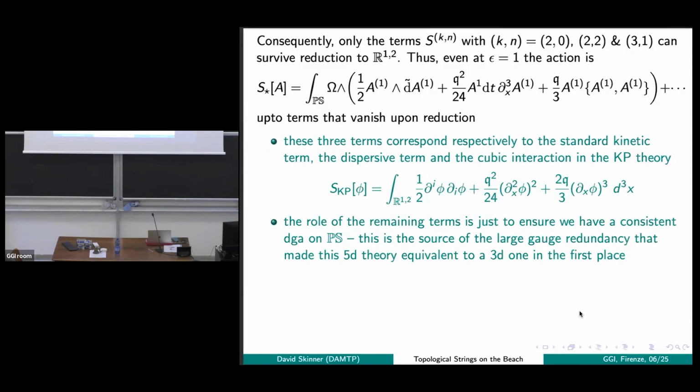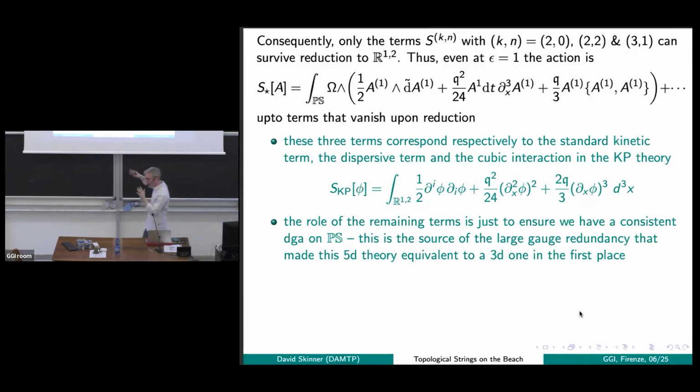This has 1 derivative, and it ends up giving us 2 derivatives on space-time when you work it out. This has 3 derivatives, and it ends up giving us 4 derivatives on space-time. And then the cubic interaction has 2 derivatives, one at each slot of the Poisson bracket, and we again get 1 more derivative than that, 3 derivatives altogether. It gives us that cubic interaction.